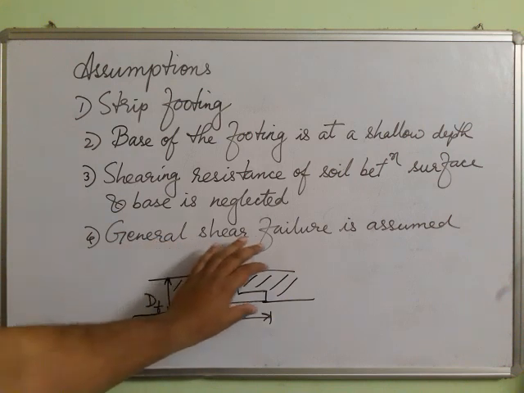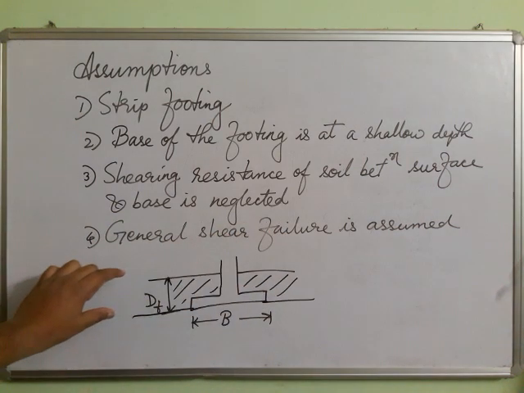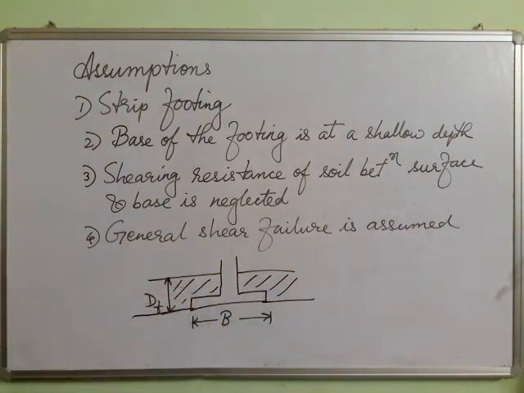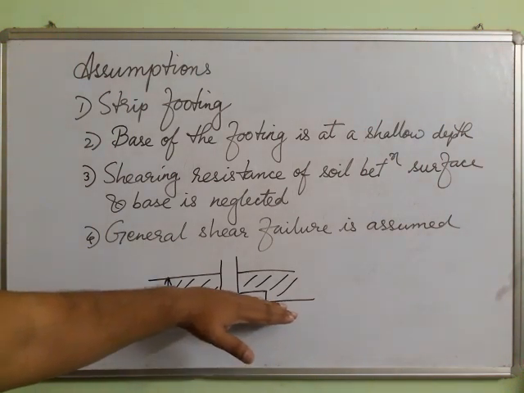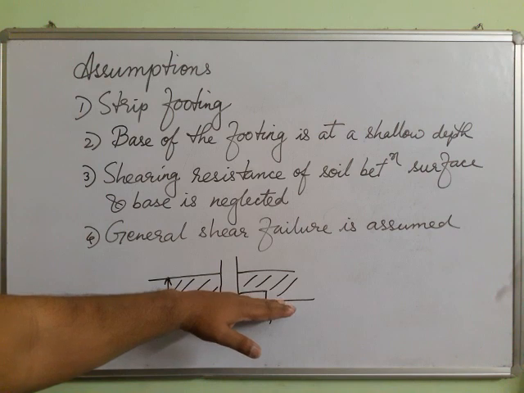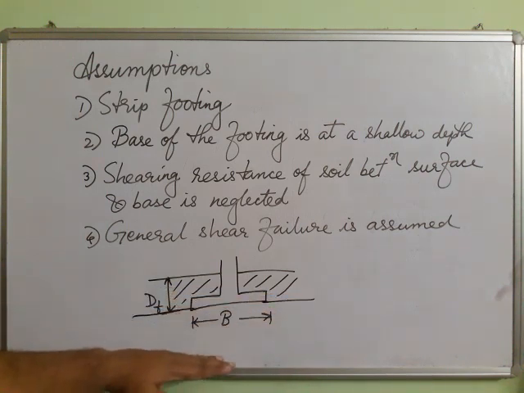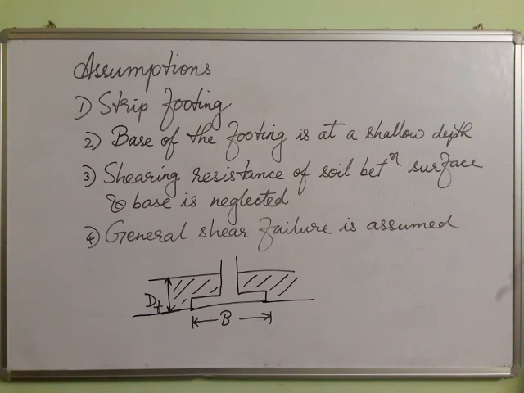When you consider the soil in this location, we don't consider the resistance given by the soil located here. We consider the resistance given by the soil which is located beyond this part. That means whatever soil is located below will be giving the resistance.